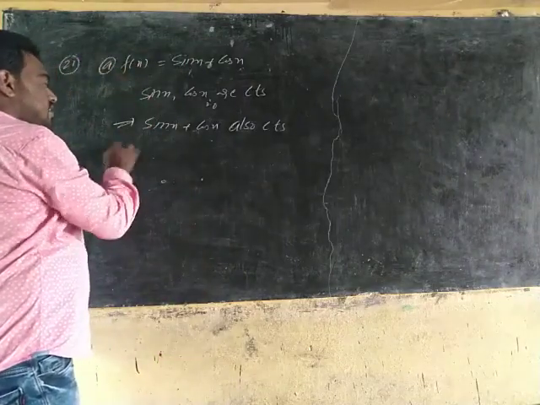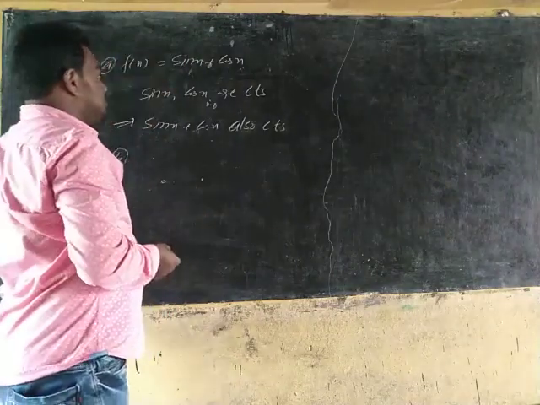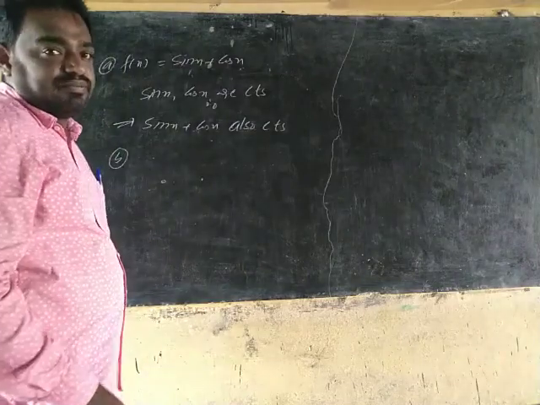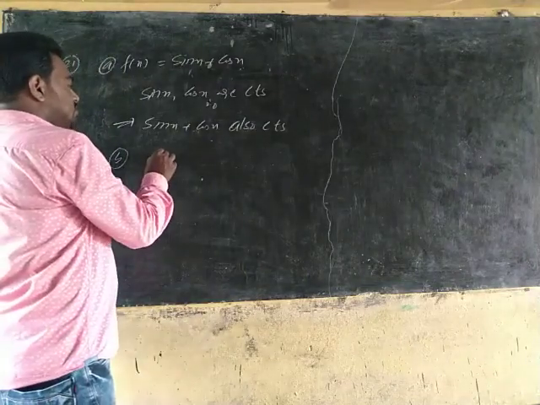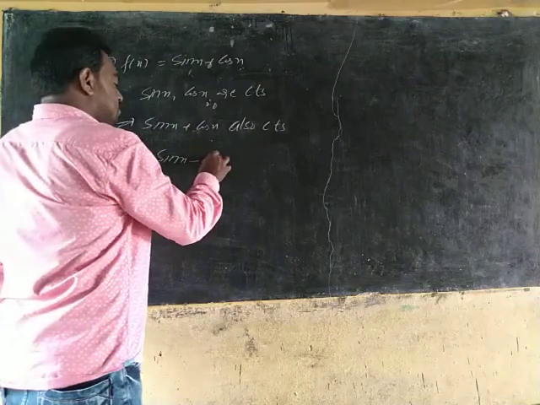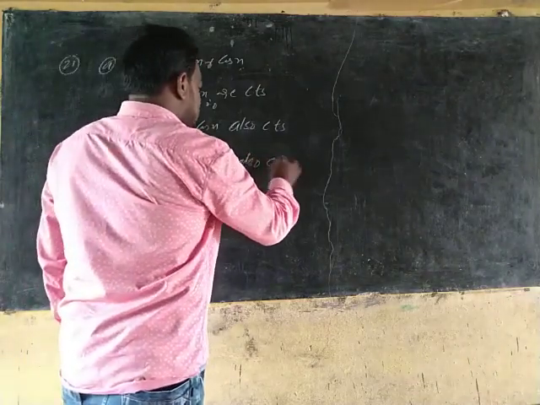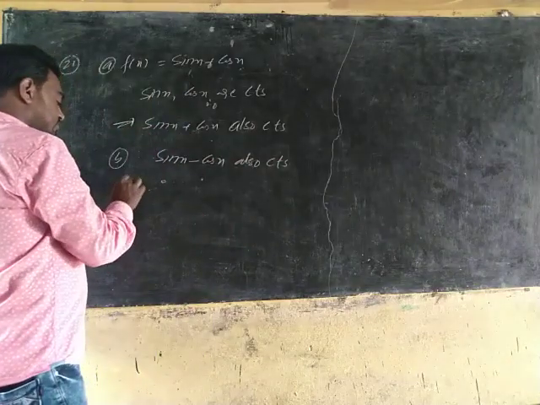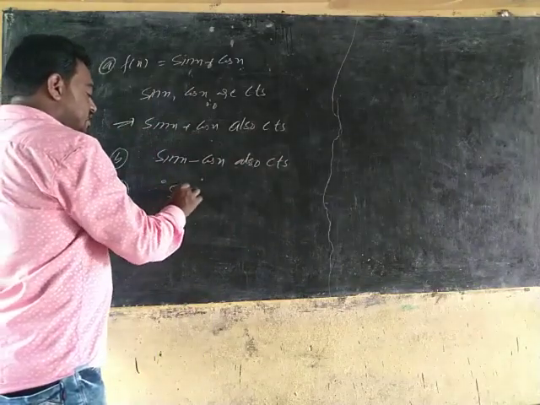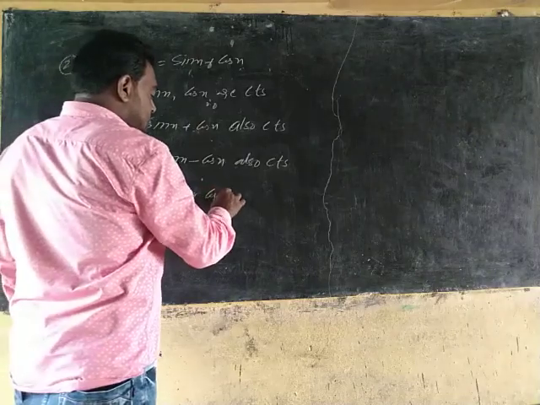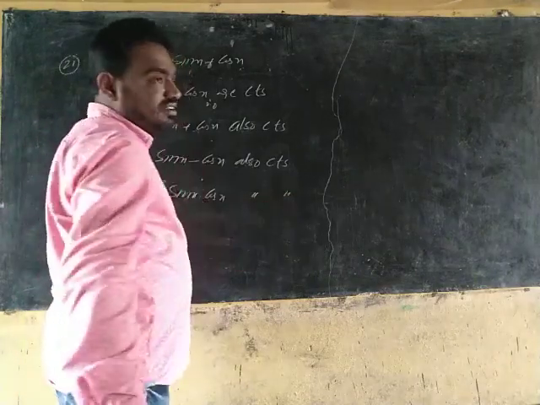Question number B: f of x is equal to sin x minus cos x is given. So sin x minus cos x, that is f of x minus g of x, is also continuous. Question number C: sin x into cos x, f of x into g of x, is also continuous.